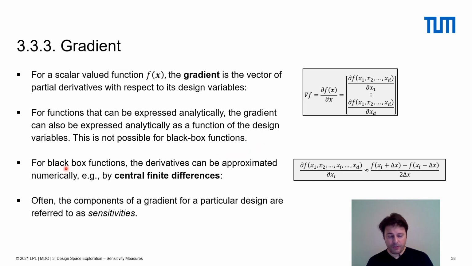If we have black box functions, then derivatives need to be approximated numerically, which can be expensive if we have many design variables. And one way to do that would be using central finite differences, meaning that for each gradient component, you compute the function value one step ahead and one step back for each design variable and divide it by twice the increment.